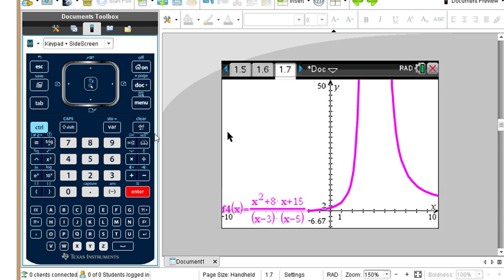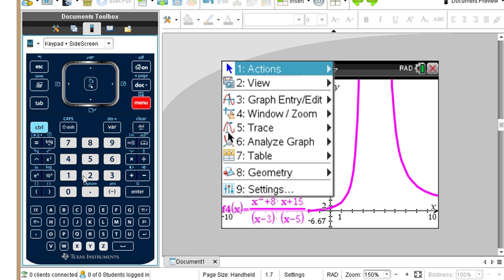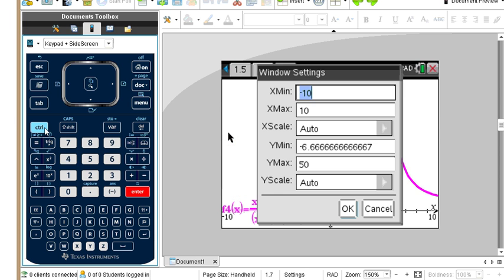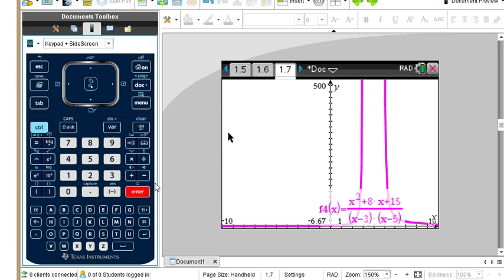Can I go up yet higher? Yeah, let's do that. Window settings. Let's go up to 500. Okay, what we have is vertical asymptotes at x equals 3 and at x equals 5.